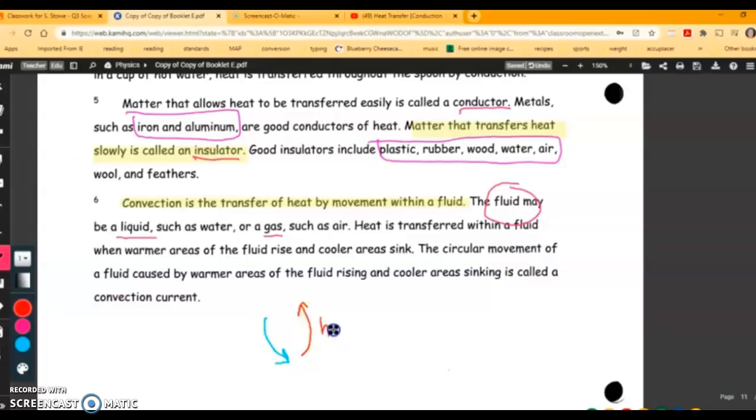We know heat rises, cold air goes down. Whenever you know that, you have the down arrows, the up arrows. Cooler air is dense, warmer areas are less dense. You have a circular motion called a convection current.